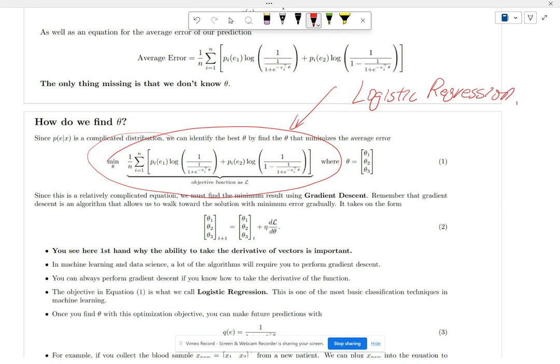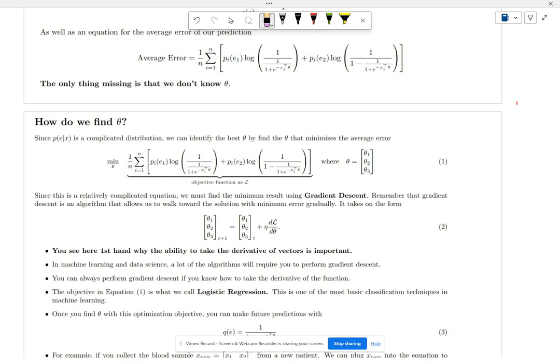Once you have this objective and you can find the derivative, you can now follow gradient descent. That probably should be negative. That's a negative, so that was a mistake. So the gradient descent algorithm: the current one subtract the gradient, you get the next one.